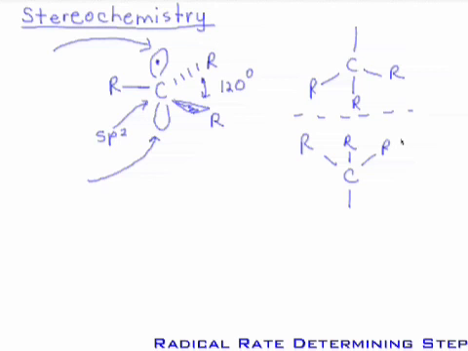What about stability? Radical reactivity and stability. Well, in order to understand radical relative reactivity, we've got 2 steps in a propagation step. And so we really need to figure out which step is slow. Let's write the propagation steps down again.